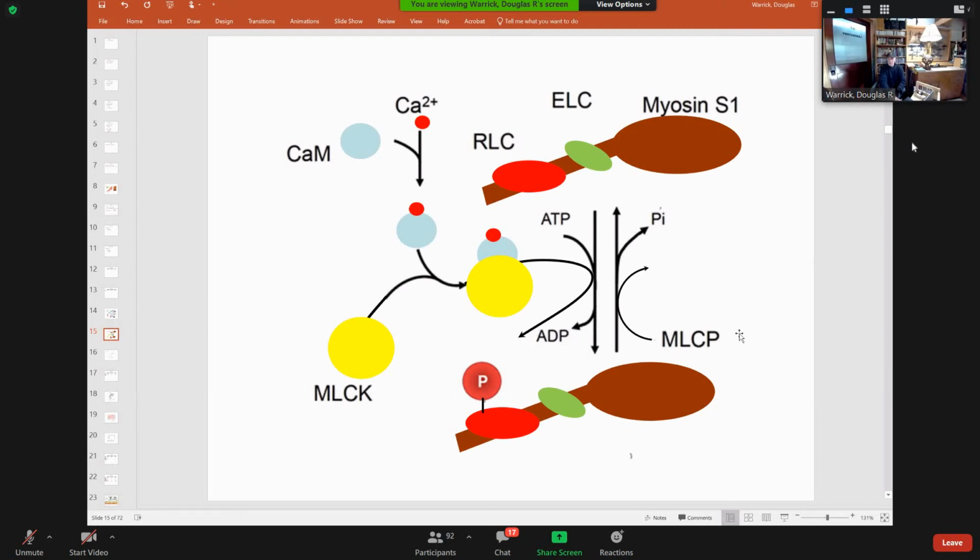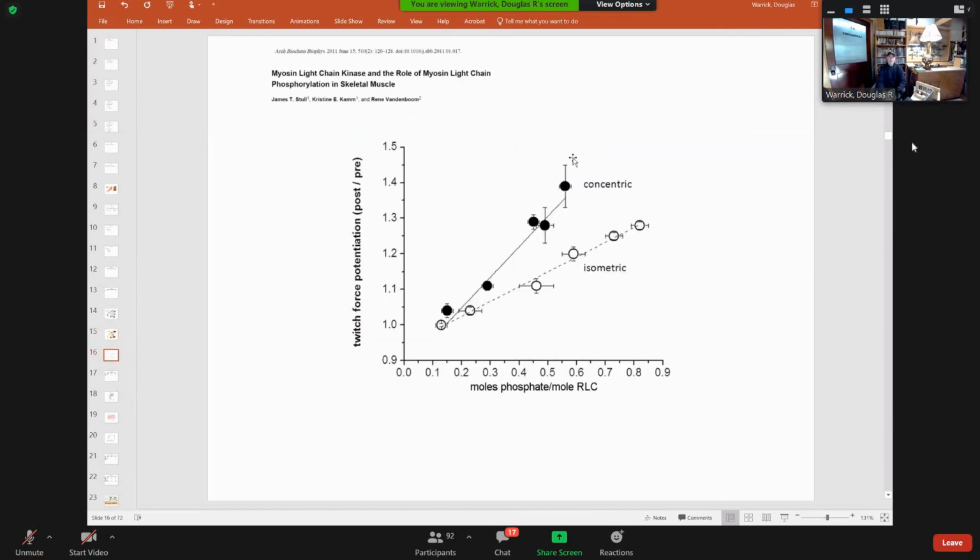There's another enzyme in here, myosin light chain phosphatase, MLCP, which dephosphorylates the myosin regulatory light chain, and you go back to this state. Okay? Myosin light chain kinase, myosin light chain phosphatase, just to give you an idea how important this mechanism is in terms of twitch speed and force production.